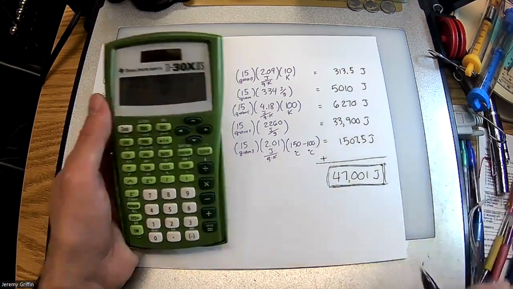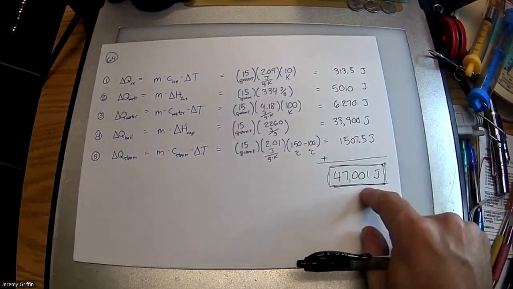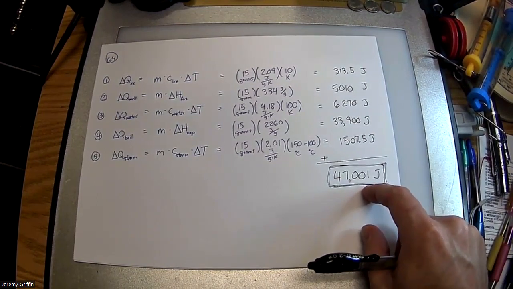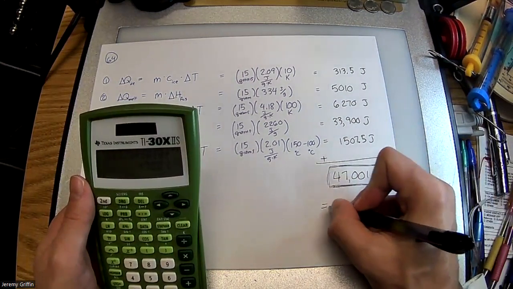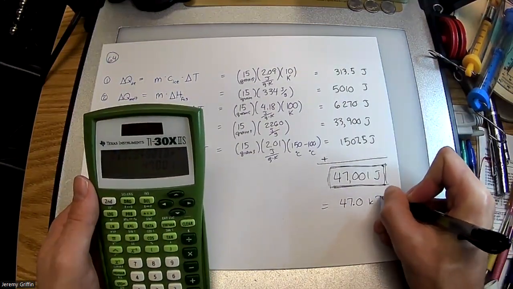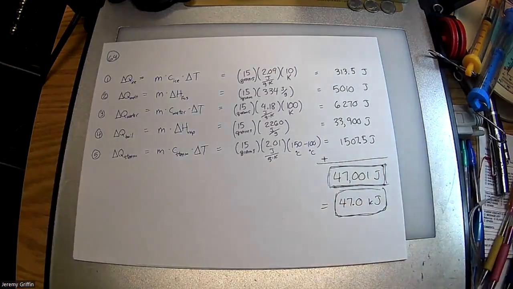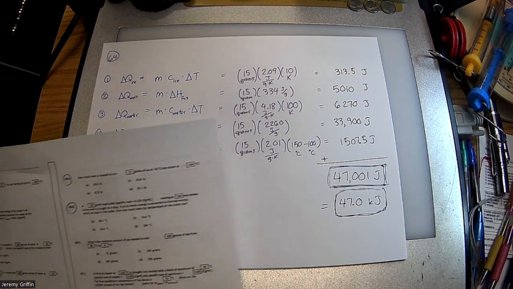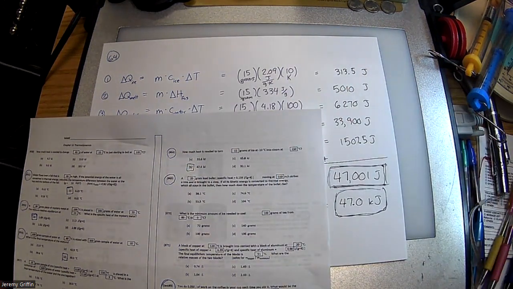And I see all my answer choices are in kilojoules. So what do I have to divide by to get to kilojoules? Kilo is a factor of 1,000. So can I just go ahead and call this that many kilojoules? Right. And that matches an answer choice on my paper. Bam. Right there.